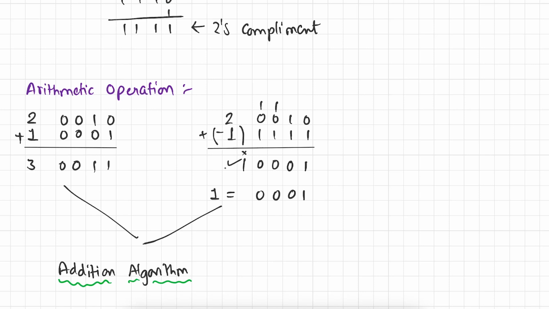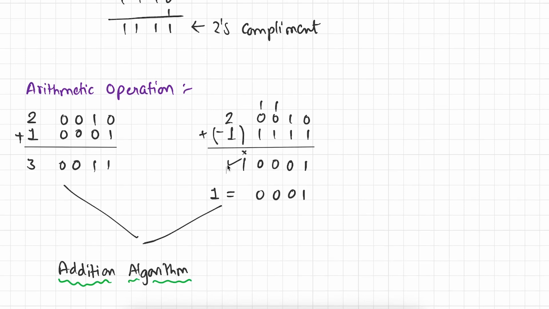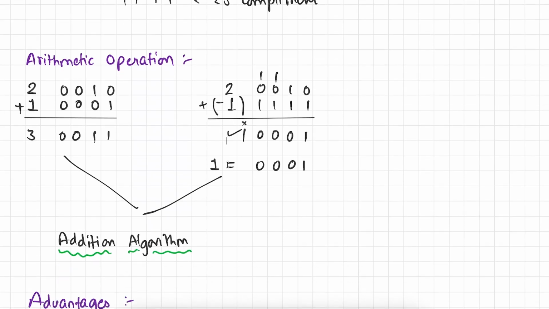In this approach, we do not have to move this bit anywhere. We can simply ignore this bit and we get our answer, that is 1. So the advantage is, first, we do not have to perform addition 2 times, and we simply ignore this bit. In this approach also our arithmetic operations are working fine.